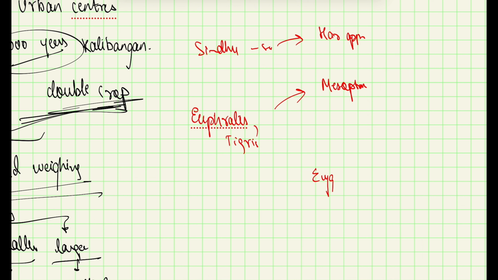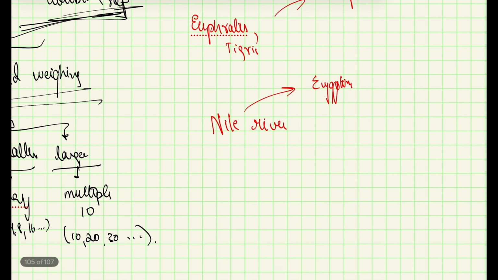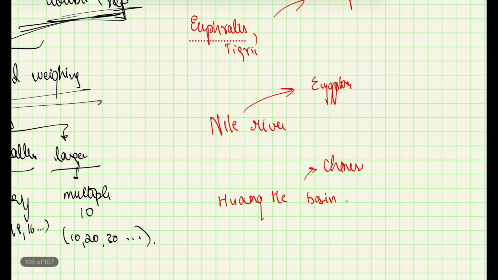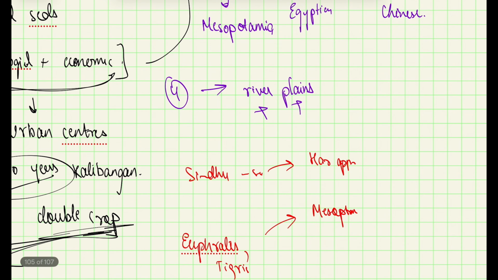And when you speak about the Egyptian civilization, it was along the Nile River, and the last one is the Chinese civilization, which was in the basin in northern China. So you have to remember that wherever they were close to rivers and proper plains, that is where the four contemporary civilizations were formed.